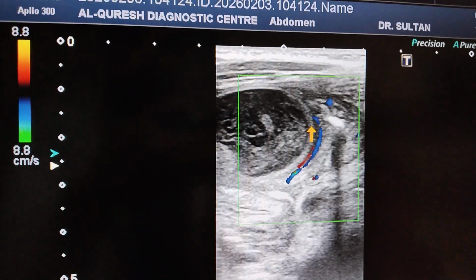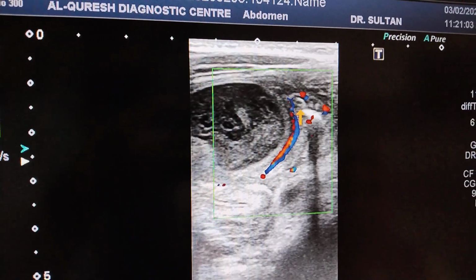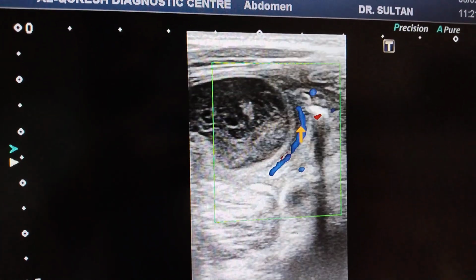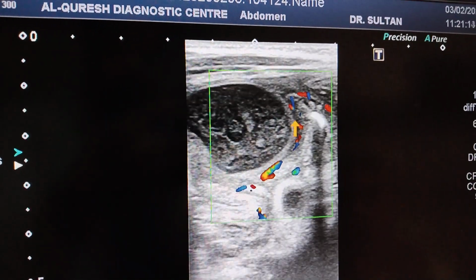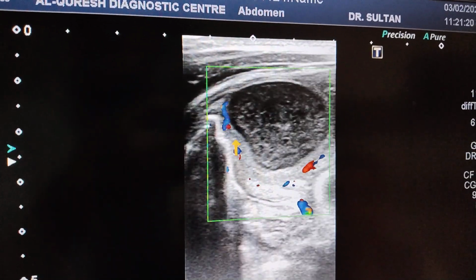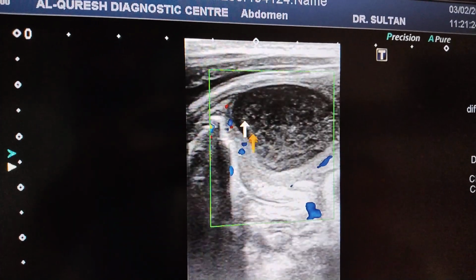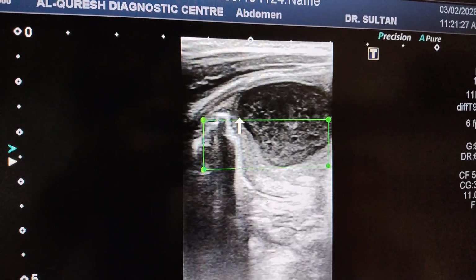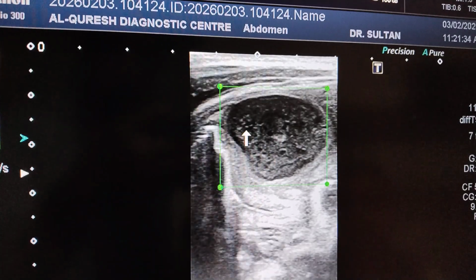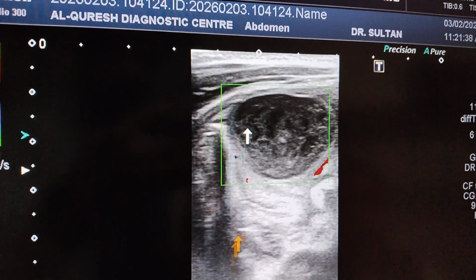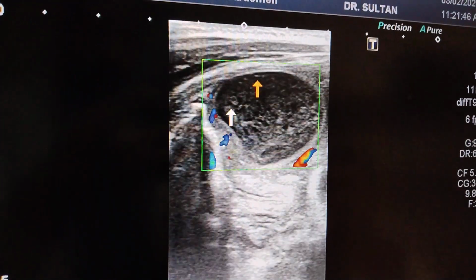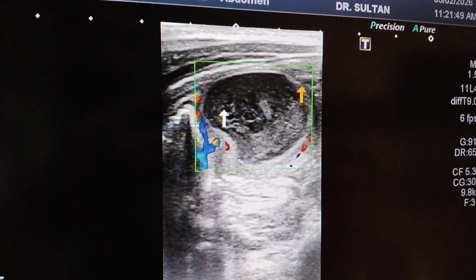And look here, the vascularity is increased in the periphery, in the wall of the distal ileum which has surrounded the appendix. Now I am going to see the vascularity of the appendix. When I closely observe the wall of the appendix, this one, I am unable to see any vascularity within the wall of the appendix.